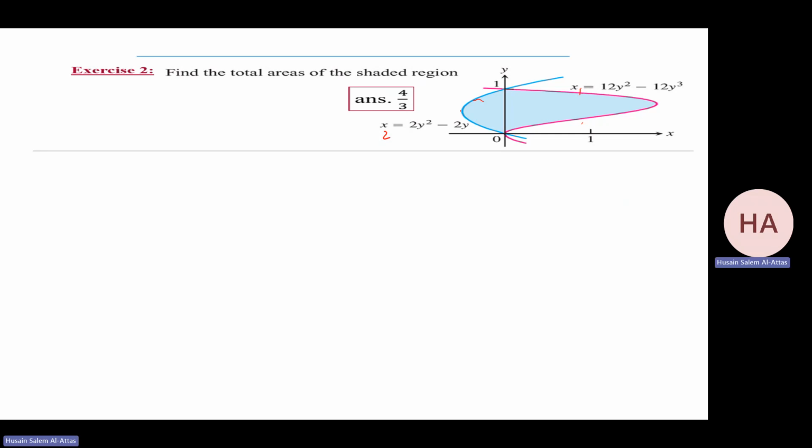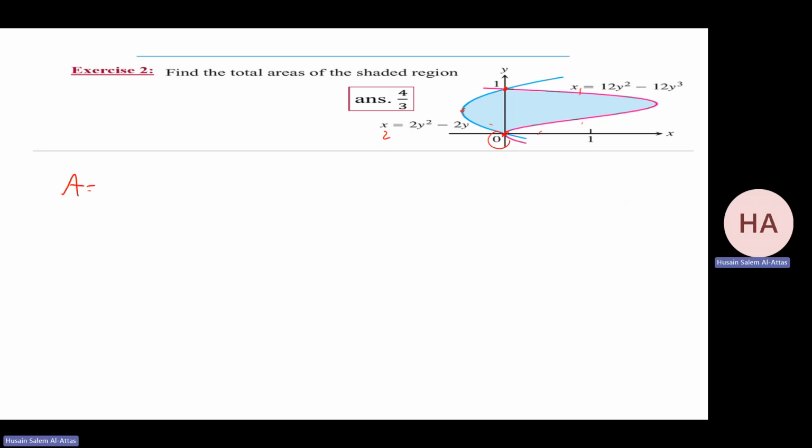So I need these points. It gave me the intersection, but no, I don't need this point. Actually, I need to do it in terms of y, so I need this and this, because I'm doing the strip this way. So I need 0 and 1. I don't need these other points, since I'm doing it in terms of y.